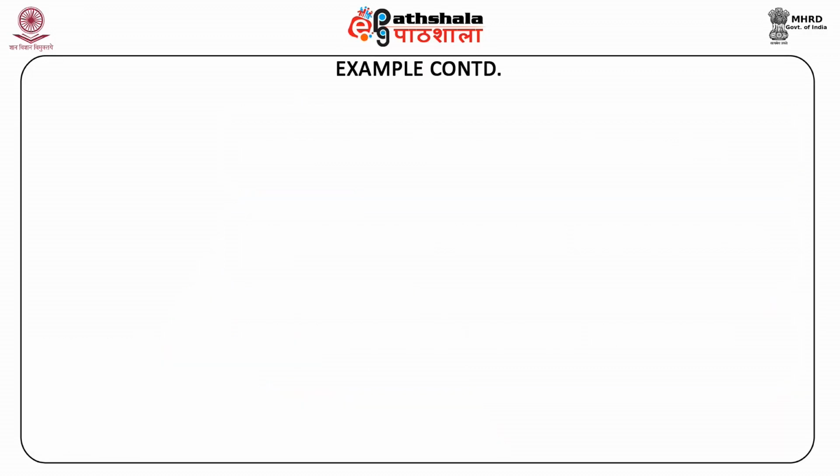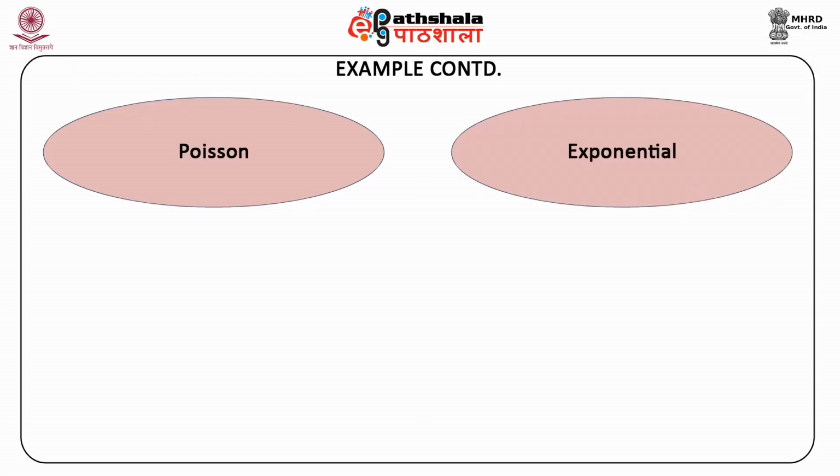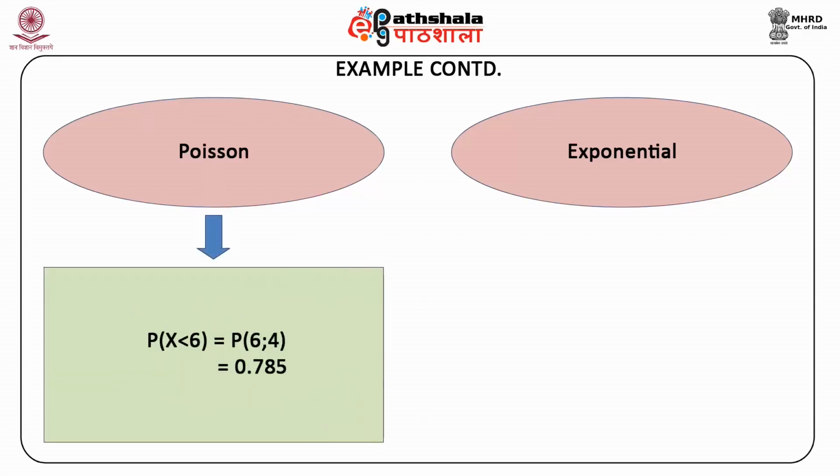It is clear that the first part involves the Poisson distribution, where we are talking about the number of accidents, which is a discrete variable, and the second part involves the exponential distribution, where we are talking about lapse time, which is a continuous variable.